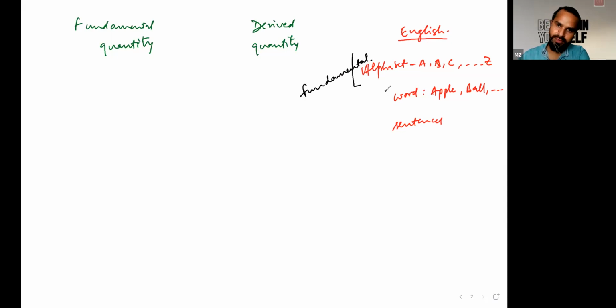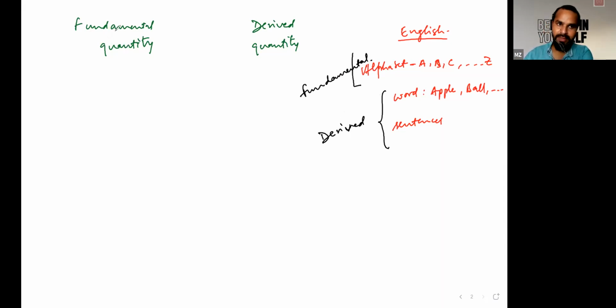And the rest of all terms, which are dependent on that fundamental, are called the derived part. Similarly, in physics, there are some quantities which are independent of the rest and on which all other quantities are dependent.